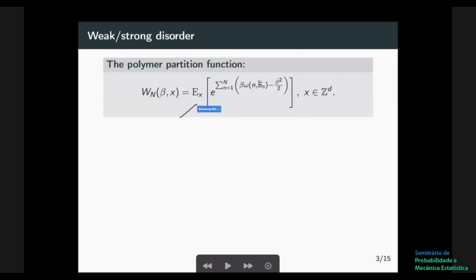So this is still a random variable depending on the law of the environment. And I added some parameter x here, which is just the starting point of the random walk. So you can start at any point in Z^d, and you can start at 0 as well. But it will play a role a bit later in the talk. So starting at other points has a meaning.